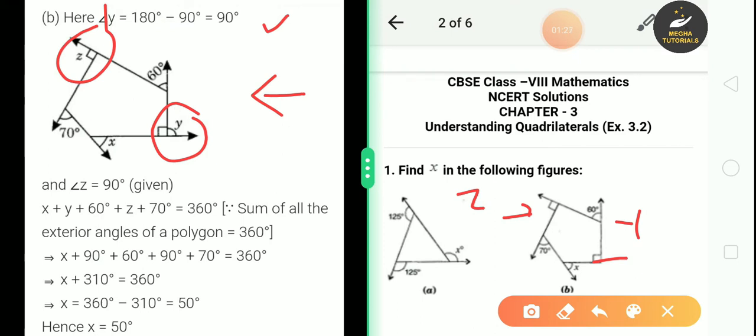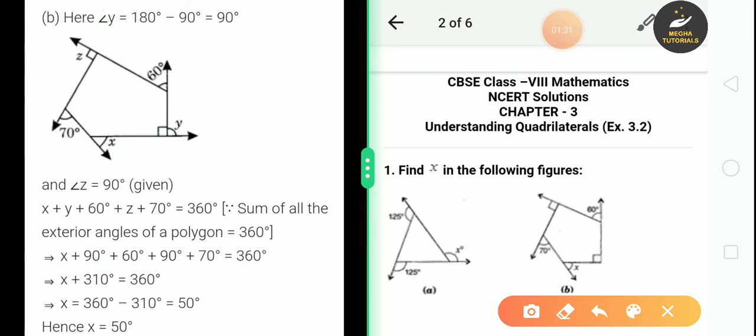Okay. So we know that the sum of all exterior angles of a polygon is 360 degree. Therefore, we can write angle x plus angle y, that is 90 degree, plus angle 60 plus angle z plus angle 70 is equal to 360 degree. Then we will put the values of y and z.